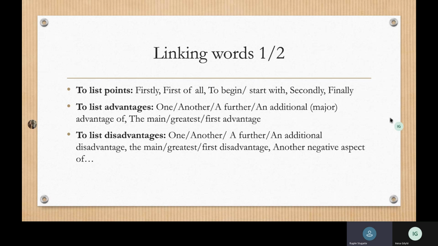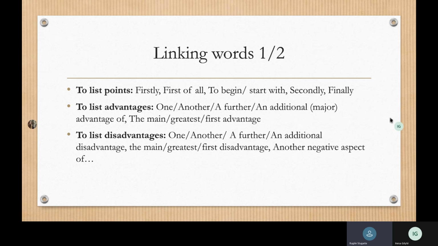So now, linking words. It's really useful to have in mind some linking words to connect the sentences and to start and end the paragraphs. For example, to list points, you can use firstly, first of all, to begin, to start with, secondly, finally. To list advantages, you can use such linking words as one advantage of, another advantage of, further advantage of, an additional advantage of.